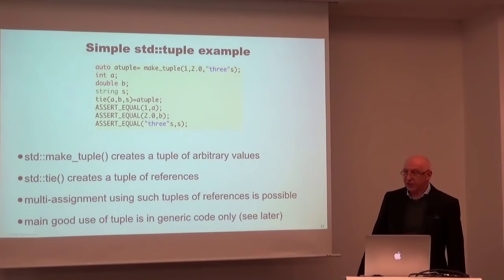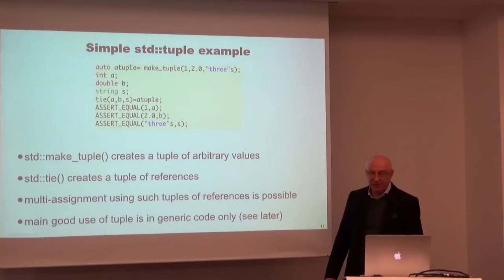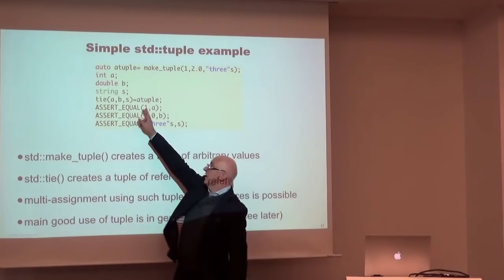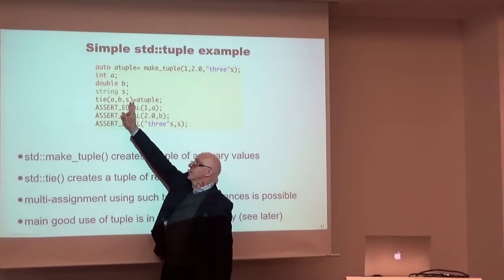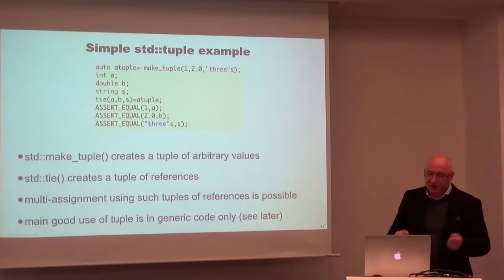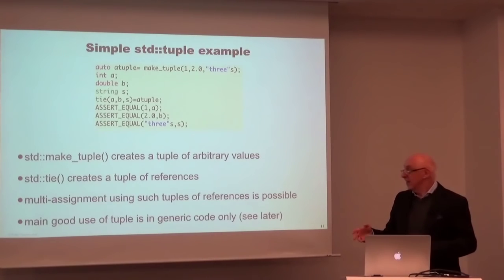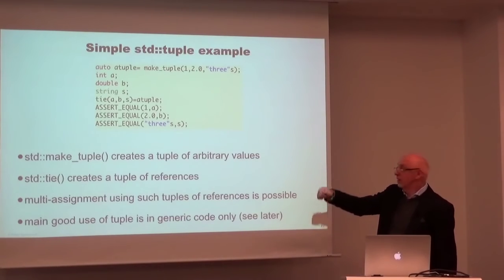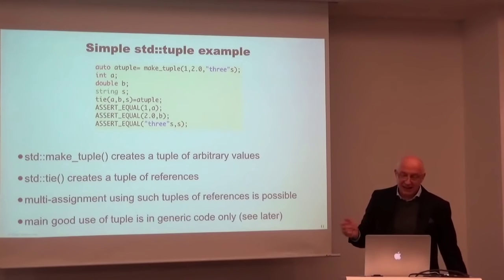And that's a nice trick, because you can actually have multi-assignments now, where you write tie equals a tuple. So you can have multi-assignment in a single line of different types with tie(a, b, s) equals make_tuple(1, 2, 3), and that would just work.